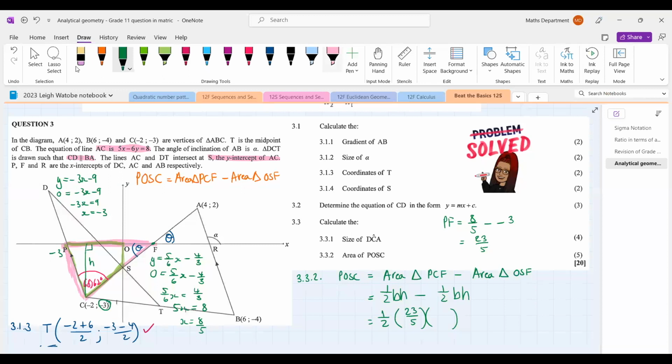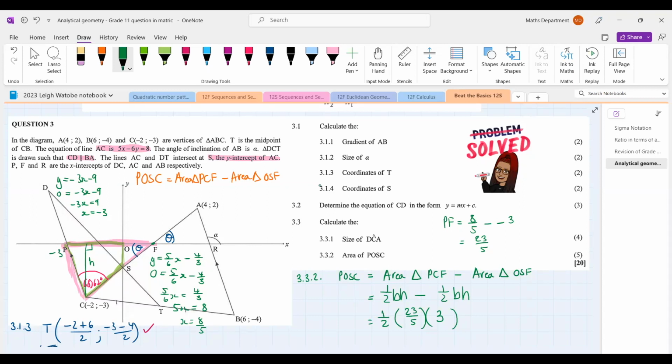The y coordinate at C tells us how far C is from the x-axis. We just don't often think about it like that. So that means the height is 3.